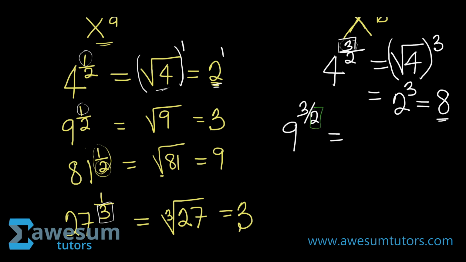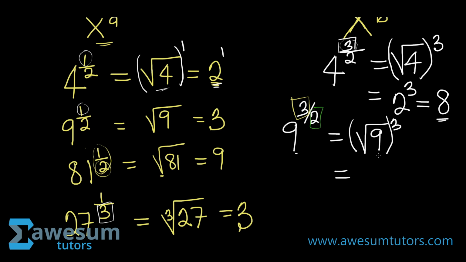So because the denominator is 2, it's going to be square root of 9, because this is the base. And then what is the power right here? The power right here is 3. Because the power is 3, then I'm going to have raised to the power of 3.